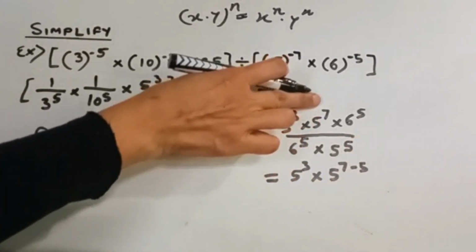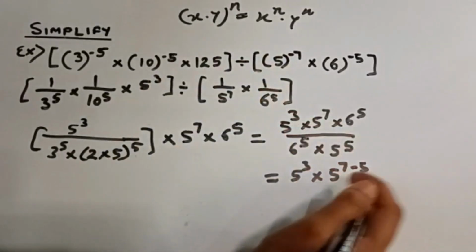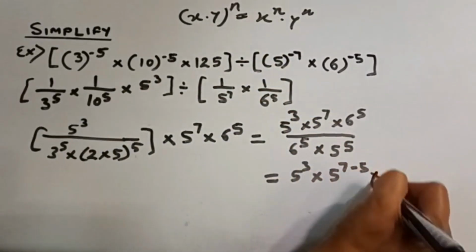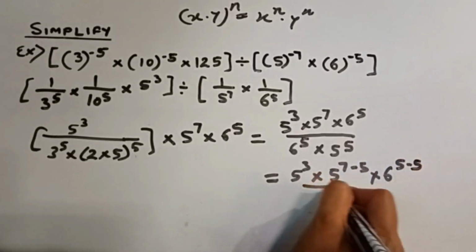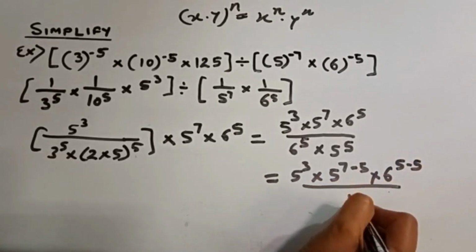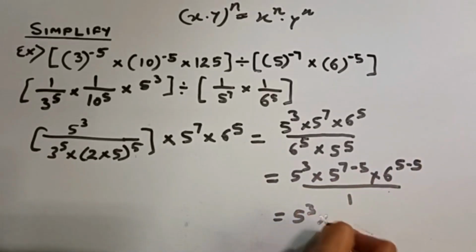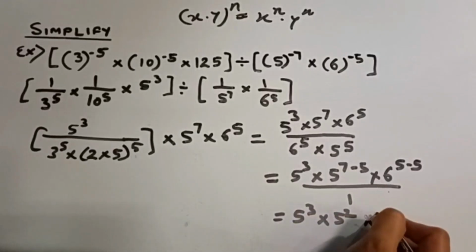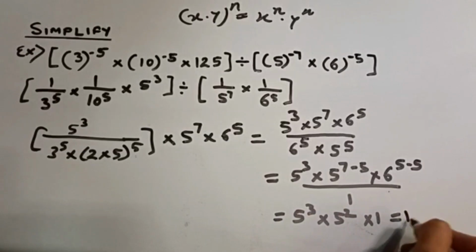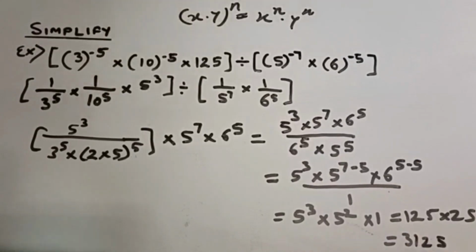This 5 raised to 7, 7 minus 5 is 2, 5 raised to 7 minus 5 into 6 raised to 5 minus 5 upon 1. So this is 5 raised to 3 into 5 raised to 2 into 1, which is 125 into 25 is equal to 3125. You can multiply and check.